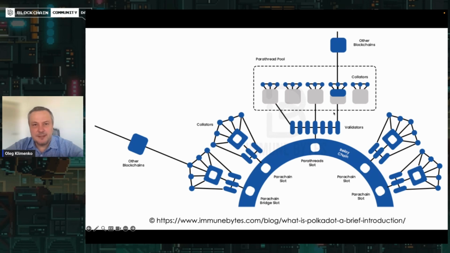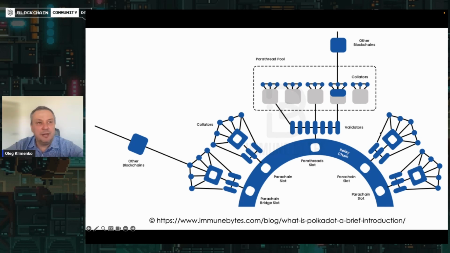Parallel blockchains are named parachains. So all these parachains are working in parallel. The relay chain is responsible for synchronization, for a single state, and for a single security of the whole ecosystem. So it syncs all the work.